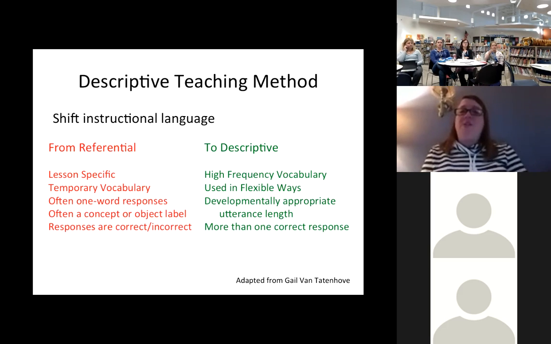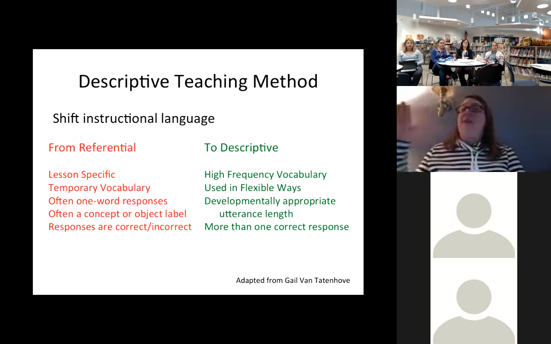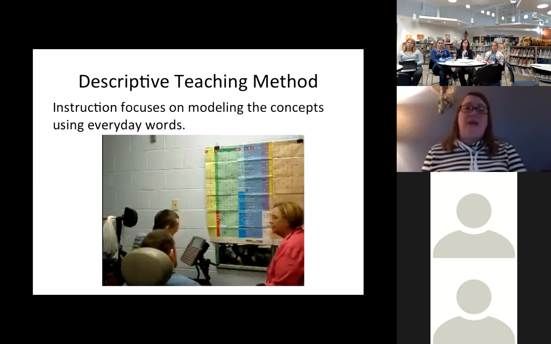How would you use the word place in math? Yeah, tens and ones. Your ones place, your tens place, right? So you want to teach vocabulary that's flexible, that you could get a lot of mileage out of, but it also broadens students' learning because they're learning the flexibility of the words as well.